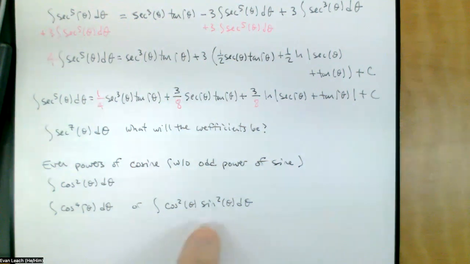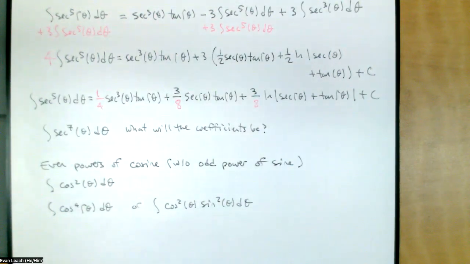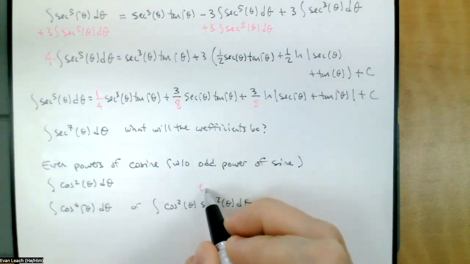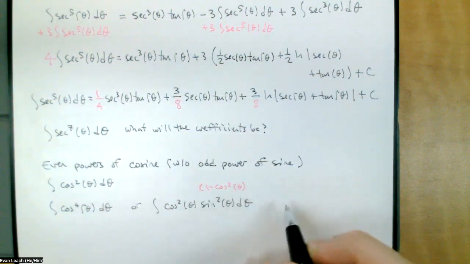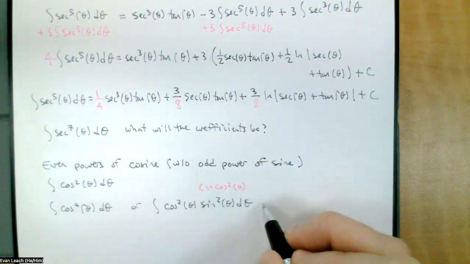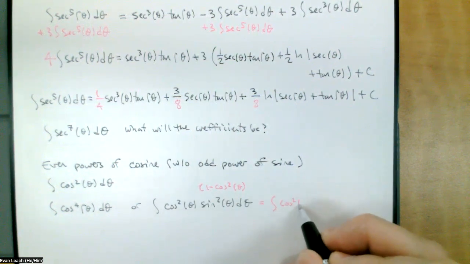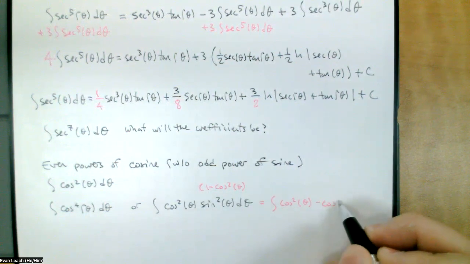In the case of cosine squared, sine squared, although we could do the double angle identity business with the sine squared, usually what we're going to do is turn it into things that we already know. Replace the sine squared with 1 minus cosine squared. And then just distribute. So this will be the cosine squared minus a cosine to the 4th.